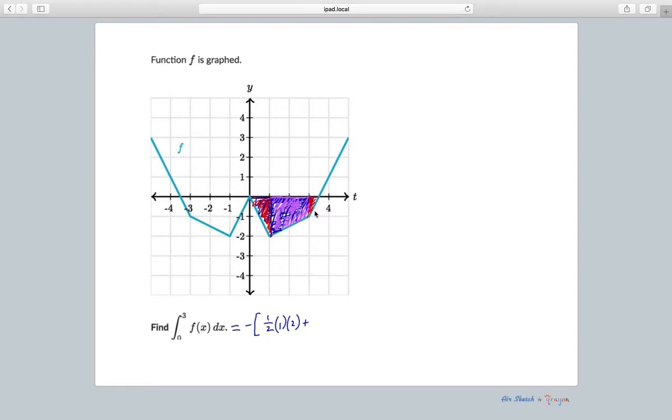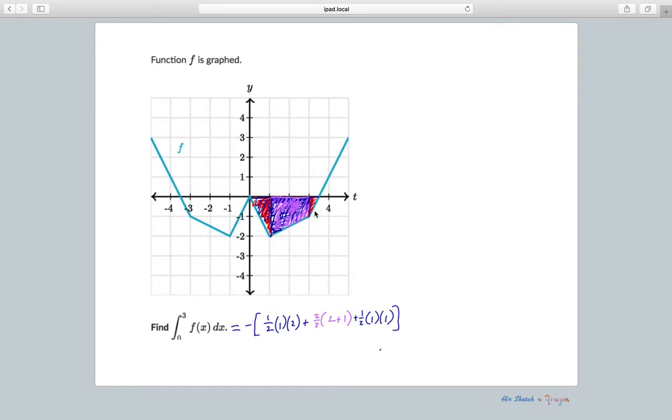So it's 2 over 2 times the length of base 1 plus the length of base 2. So base 1 is 2 plus base 2 is 1. And then for our last triangle, plus half times 1 times 1.